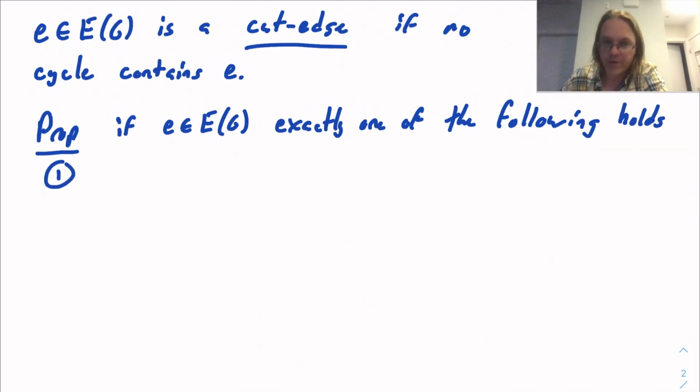Either this edge E is a cut edge, and when you delete it, the number of components of the graph goes up by 1.